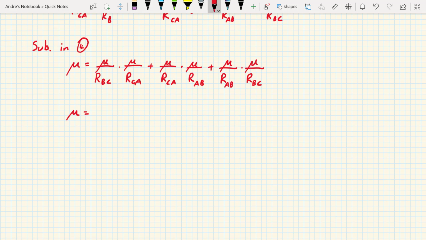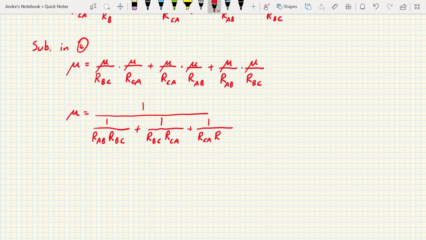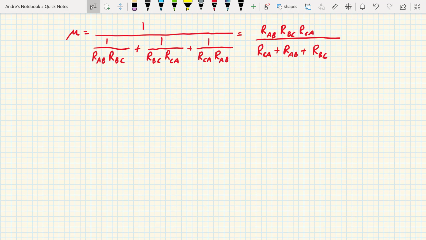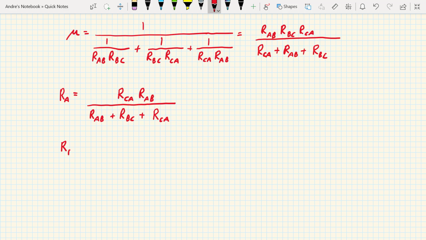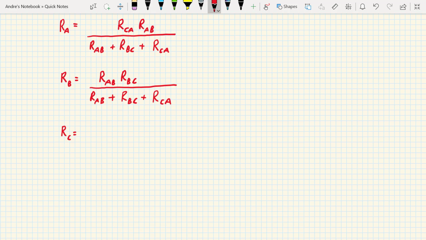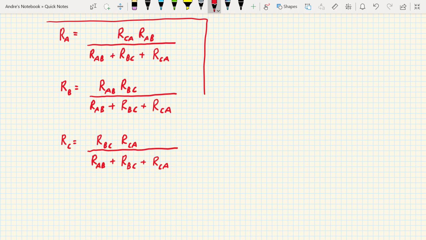So we can divide both sides by mu, which we know isn't 0, take mu out as a factor, rearrange, and that gives mu as being RAB RBC RCA over RCA plus RAB plus RBC. Now we can substitute this value of mu into the expressions we had above for RA, RB, RC. And if we do that, what we end up with are the conversions to go from a delta to a star network.